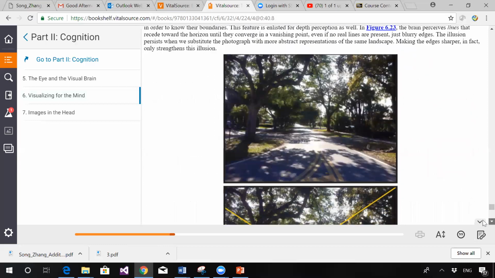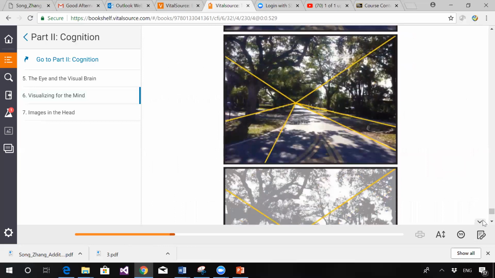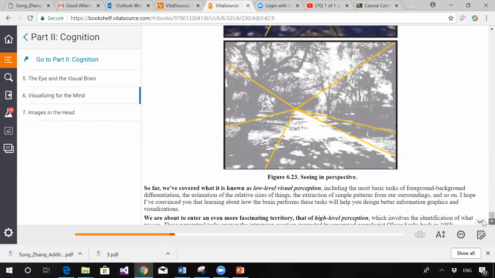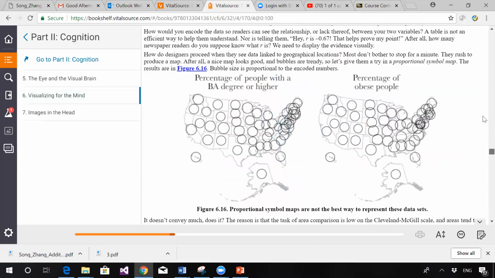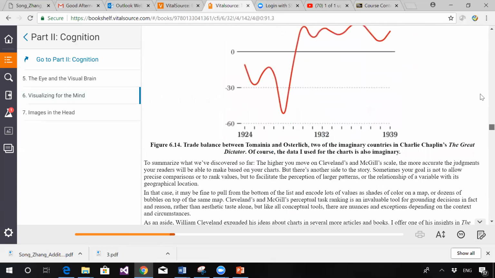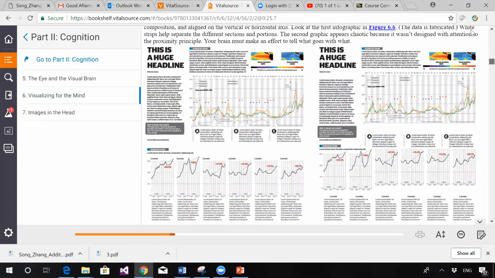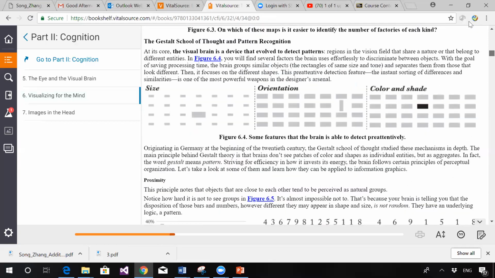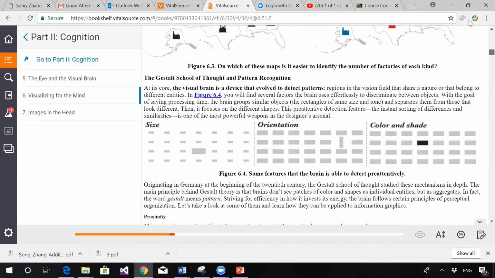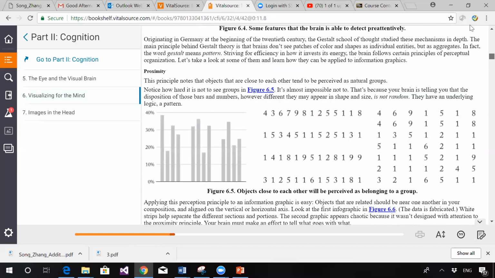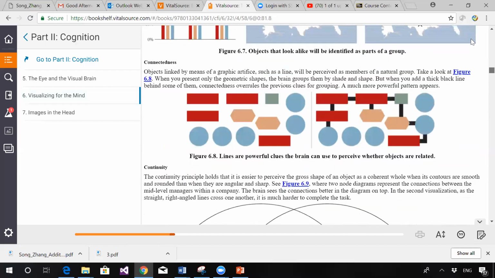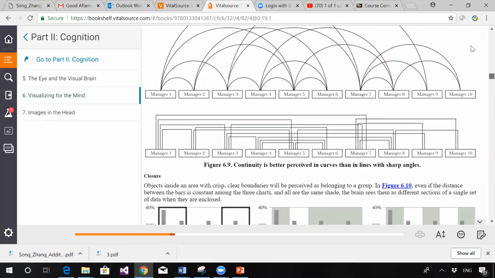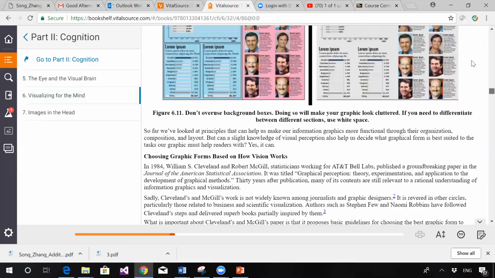So basically, to differentiate different things, other than connectedness and the other methods mentioned above to show similarity, it is from the very beginning to put things close together, or to use similarity, or connectedness, or closure.